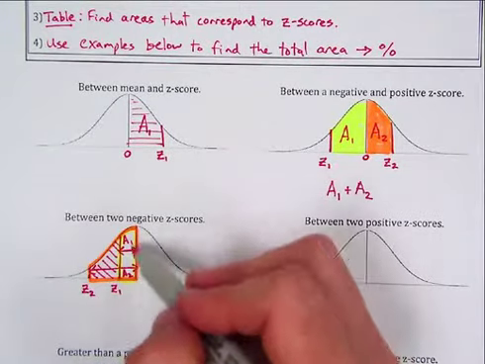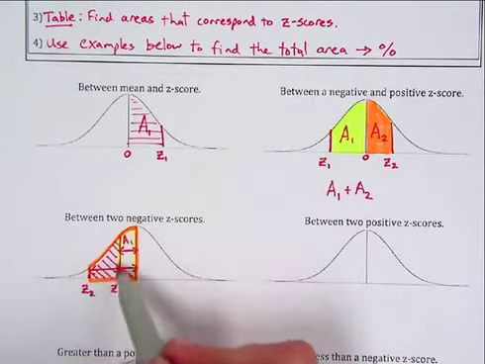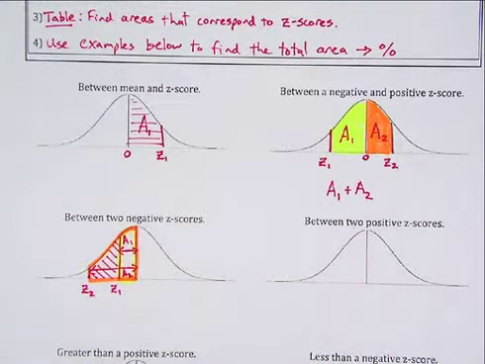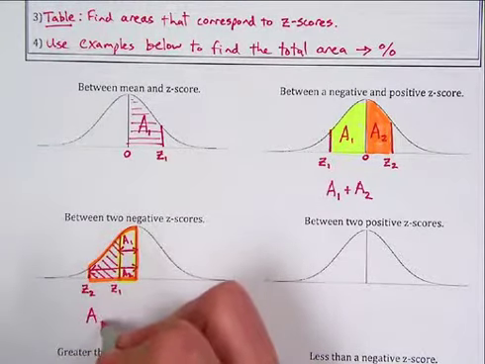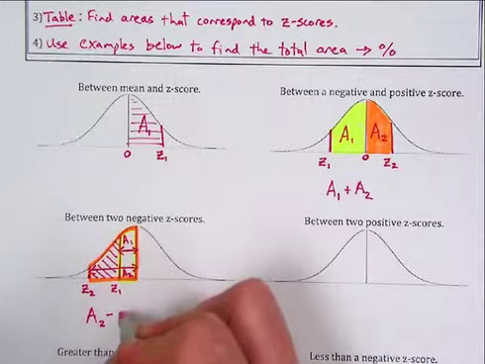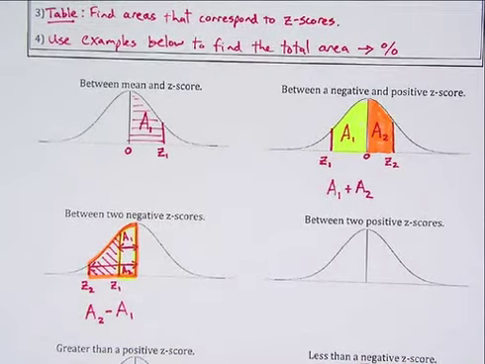So notice how these overlap right here. So if we want to find just this piece right here, we're going to have to subtract the two areas. So just go a sub 2 minus a sub 1. That'll give you the area you're looking for.